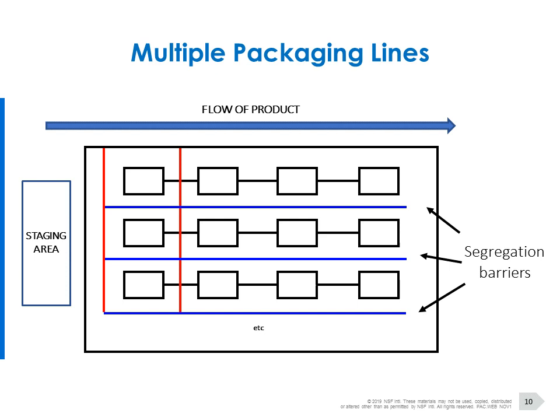And then the second thing to think about is actually the flow of product. The best designs move from one part of the packaging line and move sequentially through the room to the opposite side where the finished product is then moved to another warehouse.